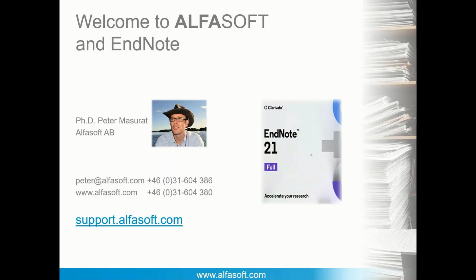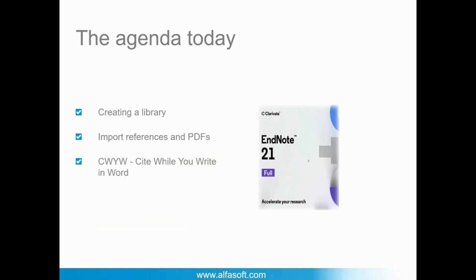Let's have a look at the agenda today. I know we're a very mixed audience here. We have participants who have used EndNote for a long time, and participants who have never seen EndNote before, so it's going to be a tricky situation to give you all something that you would like to see and learn from. But I'll show you some basics.